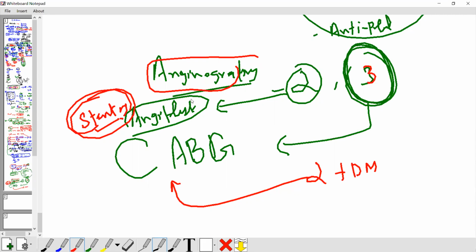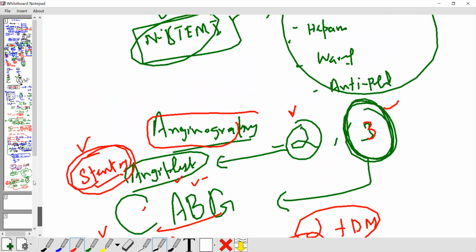If three vessel disease, go directly for CABG. If two vessel disease without diabetes, go for stenting. If two vessel with diabetes, go for CABG. That is the full management plan till surgery for ischemic heart disease.